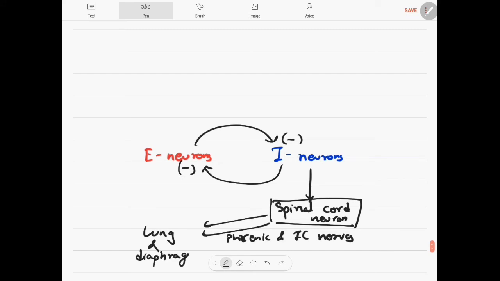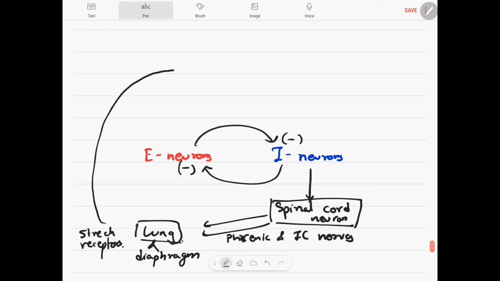Now the lung has stretch receptors. In cases of excessive inspiration, when the lung size increases, these stretch receptors will inhibit the apneustic center, because excessive air is coming in.